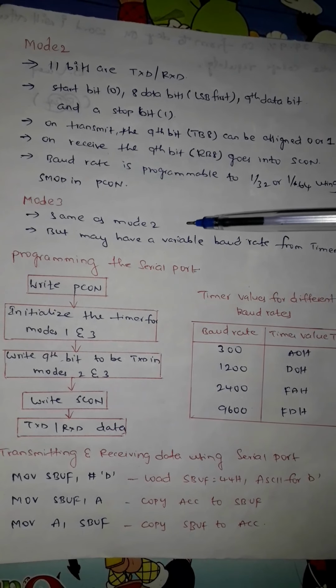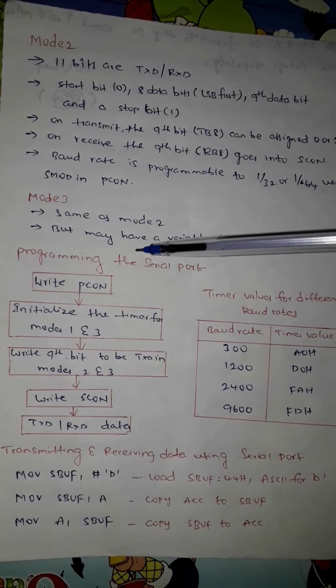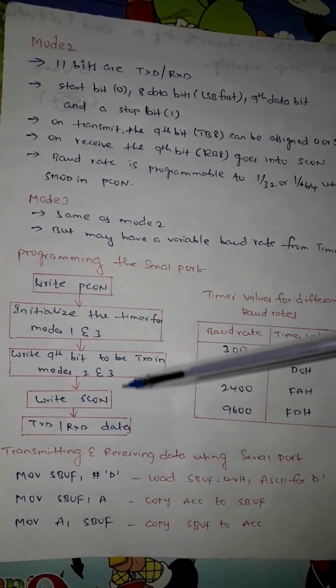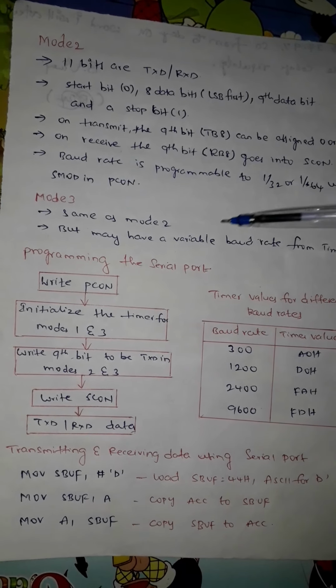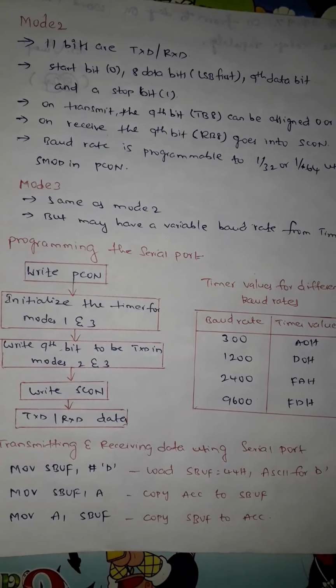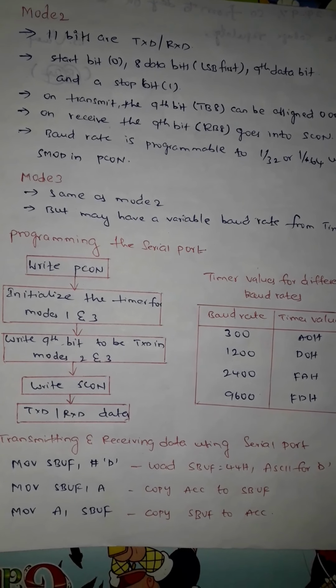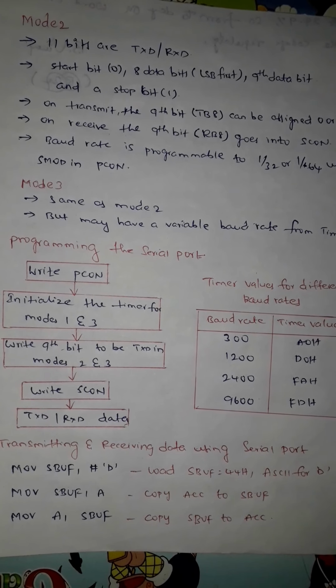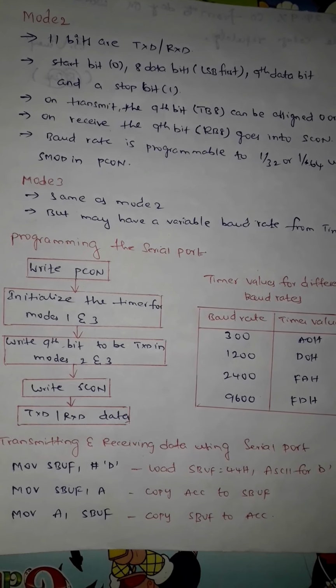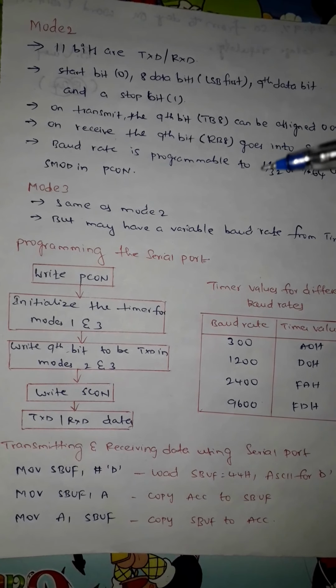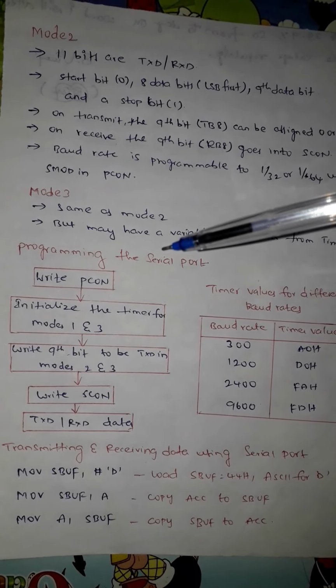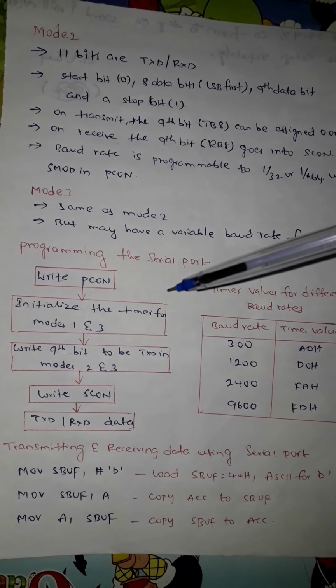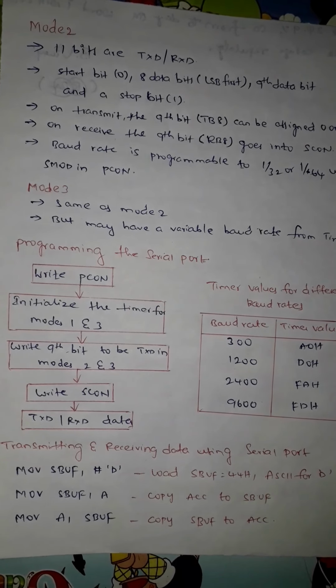Then, programming the serial port, that is the UART, is done through the following steps. First, you need to write the PCON value, that is, set the SMOD bit based on the mode that you want to operate, mode 2 or 3, and then initialize the timer for modes 1 and 3.